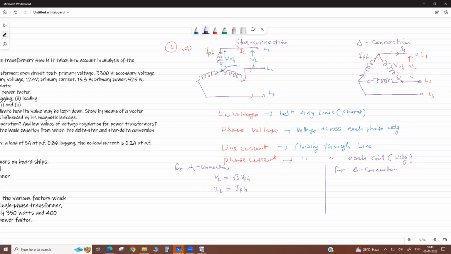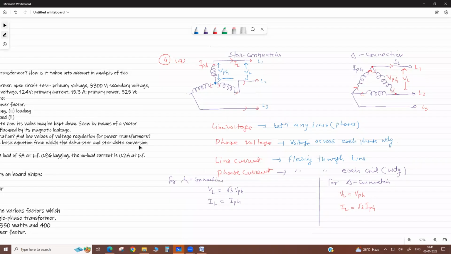There is a difference in these two currents, because it is a node. Some part goes here, this is suppose incoming, then it divides here. So for delta, line voltage equals phase voltage, but line current equals √3 times phase current. This is the basic equation. Okay, this much only you write.